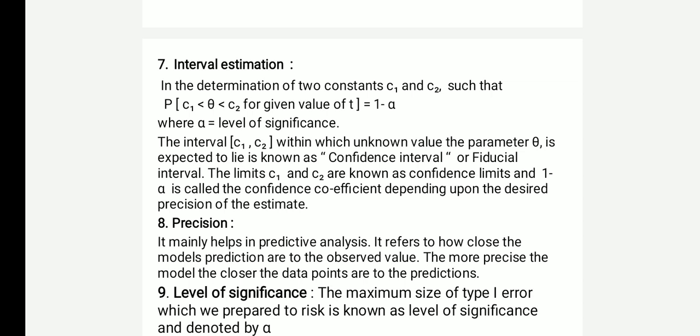Suppose a tire company, say JK tires or MRF tires, announces or predicts that the mileage of each tire is 40,000 kilometers with a risk of 5%, with a confidence interval of 95%.